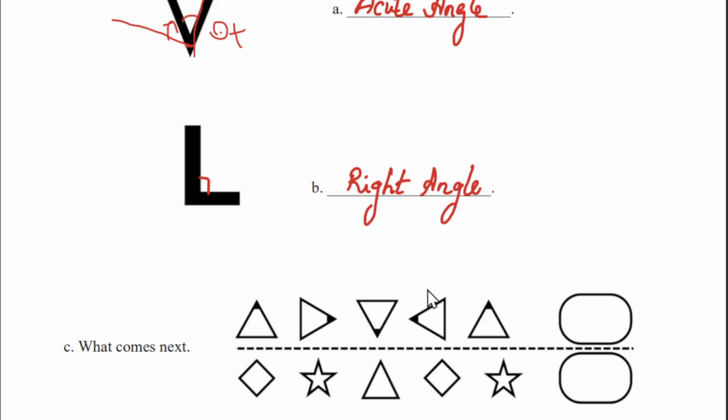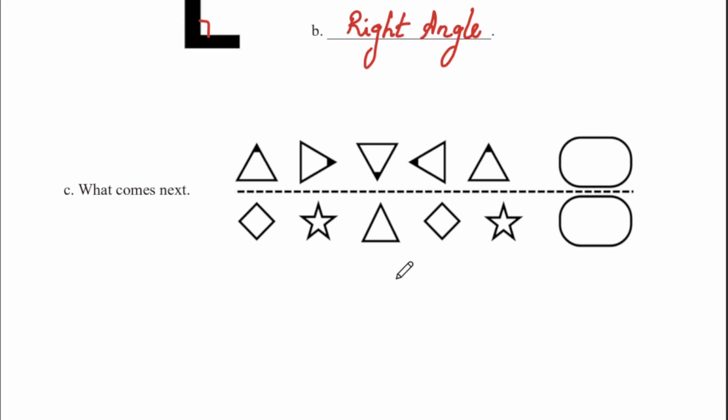Okay. Next, what comes next? This is a question from patterns around us. So we have a triangle. Look at this point. It is facing this side. Again, it's like a clock turn.